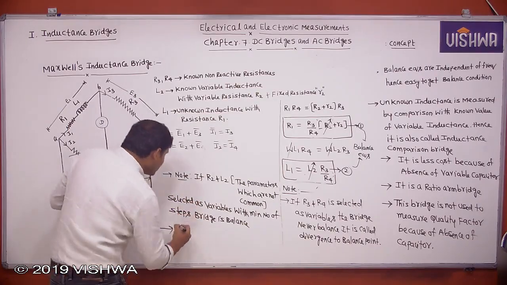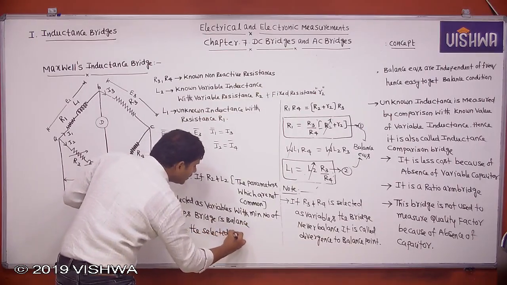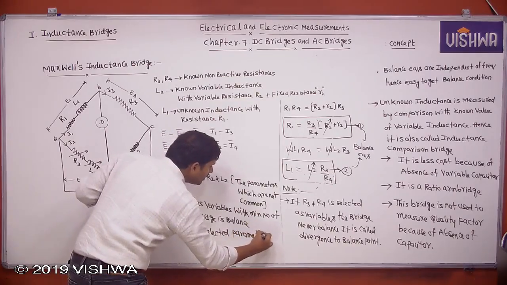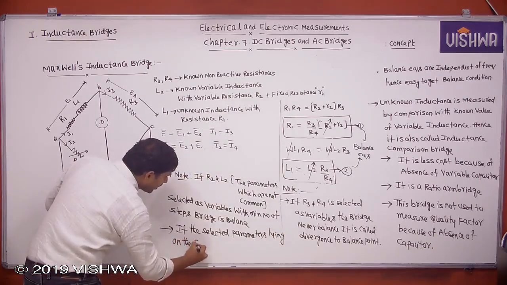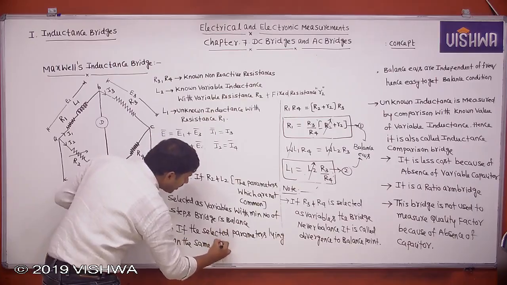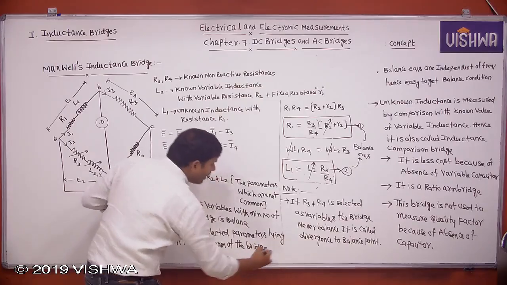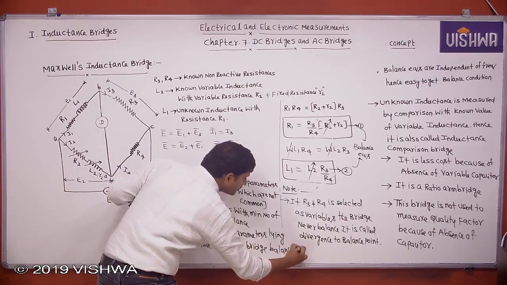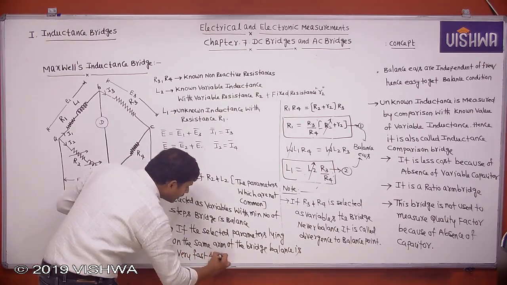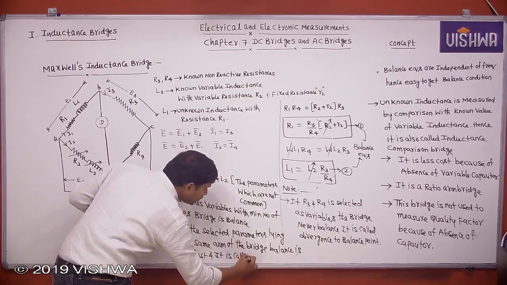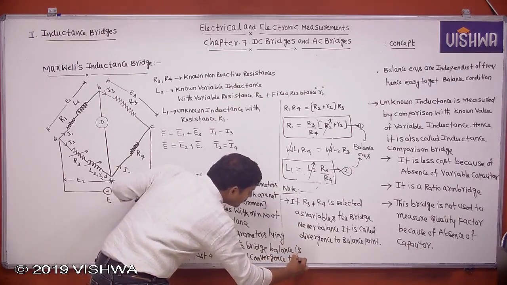That means if the selected parameters are lying on the same arm of the bridge, balance is very fast, and it is called convergence to the balance point. Okay, this point to remember.